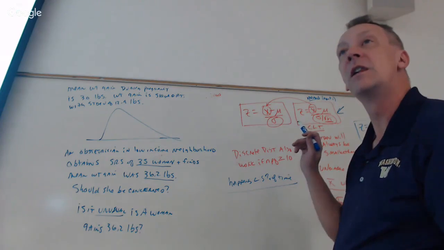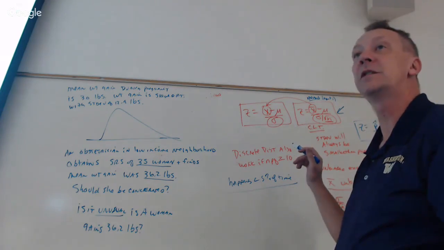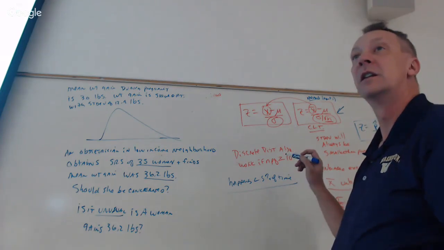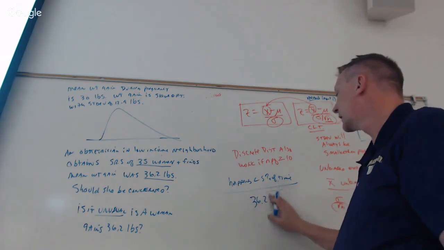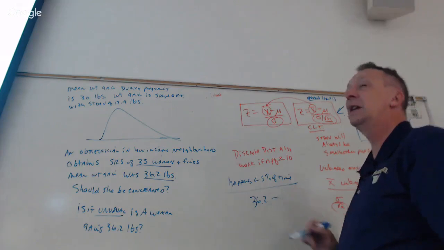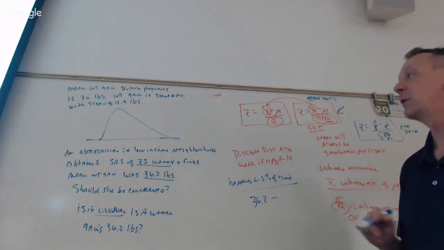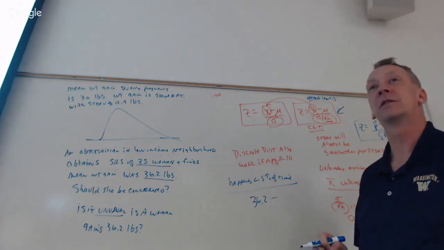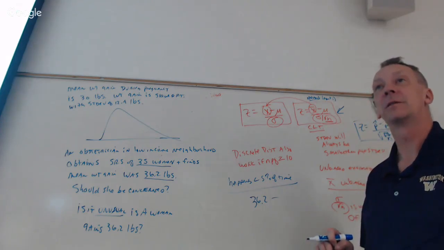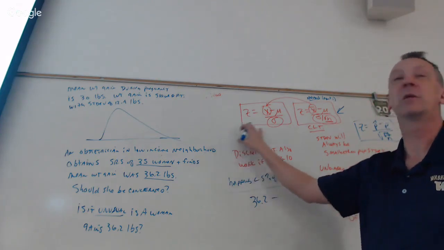The one woman, and how much did she gain? 36.2 pounds. Okay. Minus the mean. And we're making a bad assumption that this is normally distributed, but we're just doing it anyway. We probably shouldn't do this because it's skewed, but we're going to do it anyway.